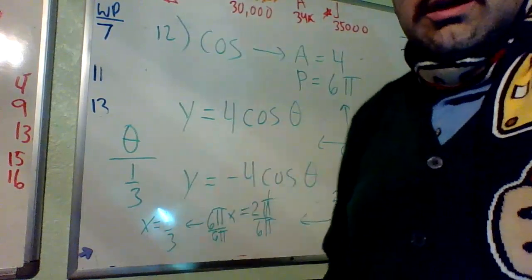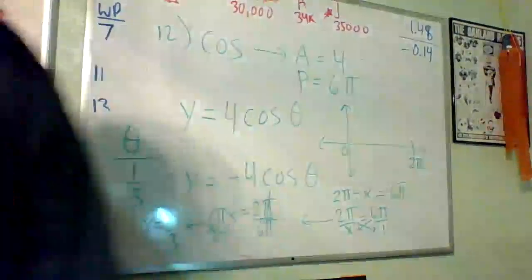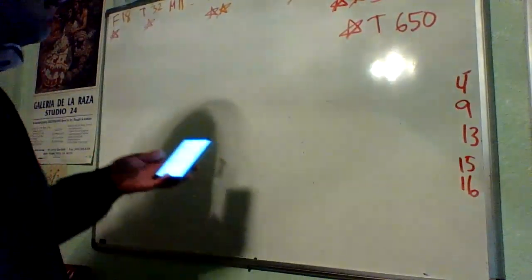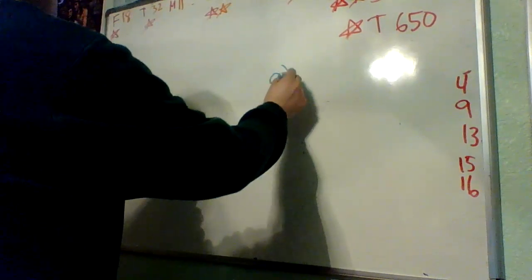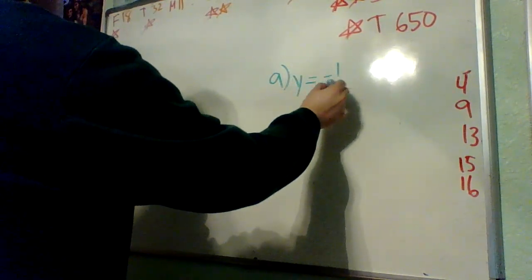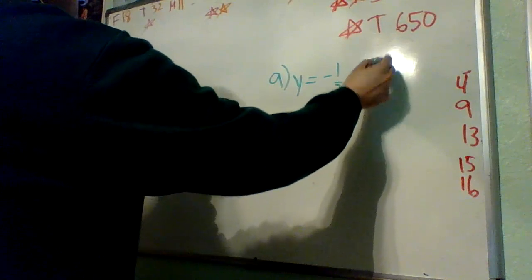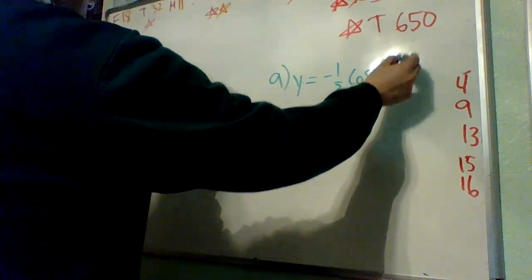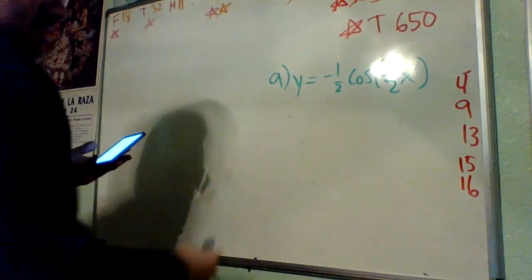So now let's take a look at what options we are given to see if we have something like that. Which one would be our best option? I'm going to write down all of them. So A, we have y equals negative 1/2 cosine of 1/2 x. Right away I know that's not correct because the amplitude is wrong.